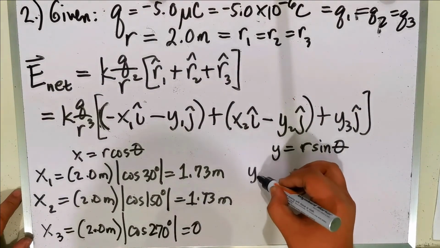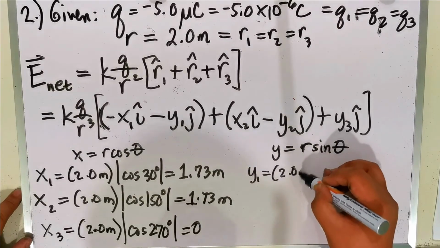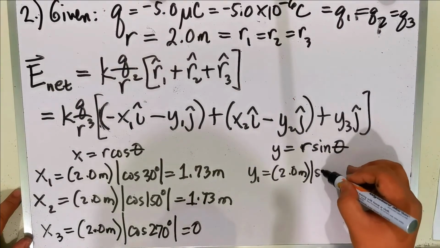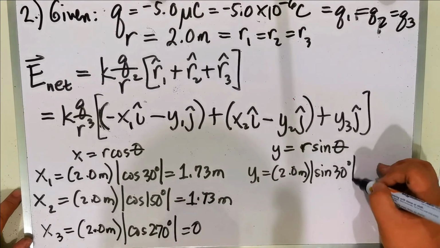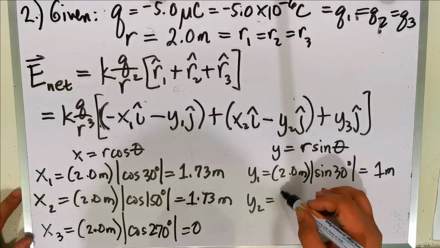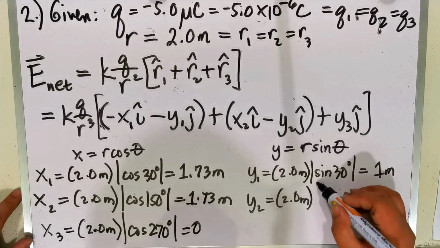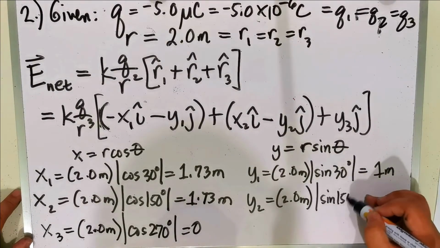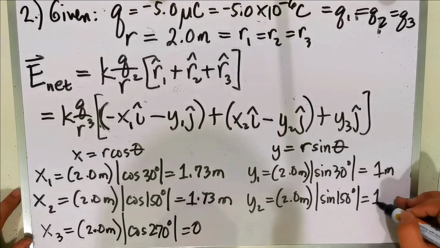On the other hand, ang y1 which is equal to 2.0 meter, and this is absolute value of sine 30 degrees. This is now equal to 1 meter. Y sub 2 which is equal to 2.0 meter, sine of 150 degrees is also 1 meter.